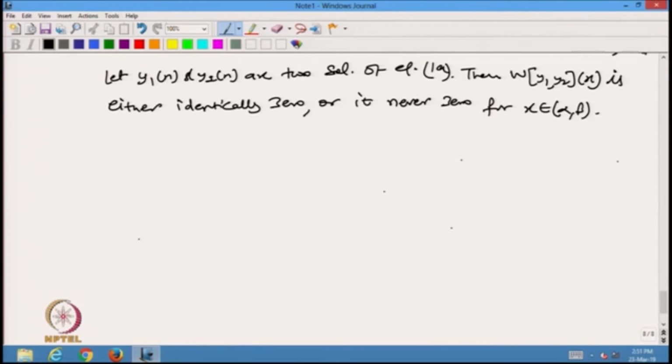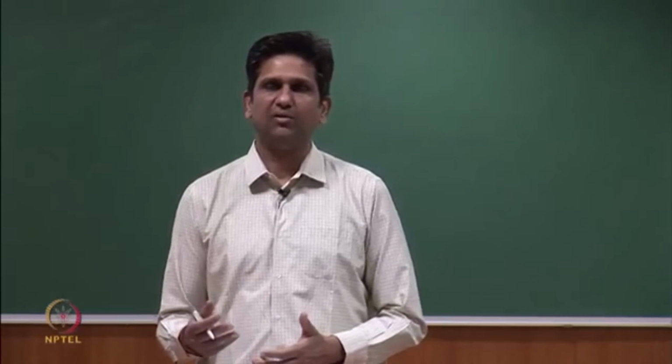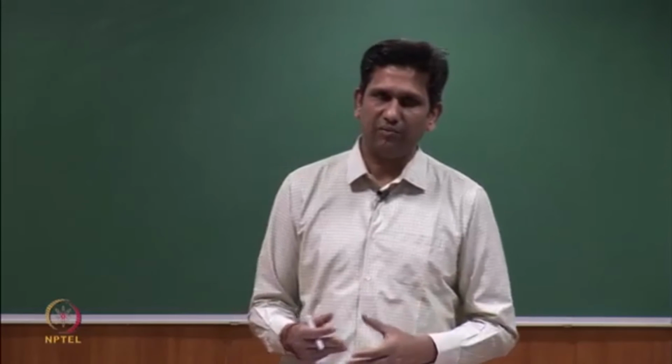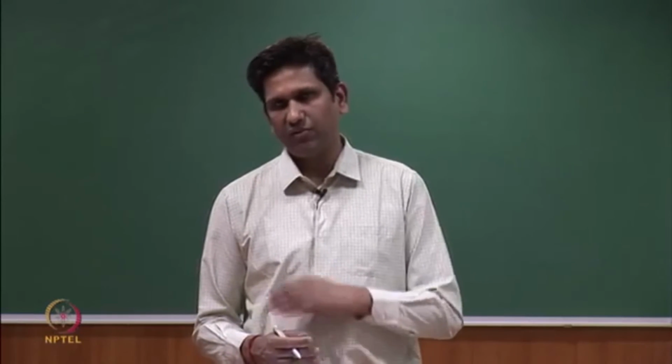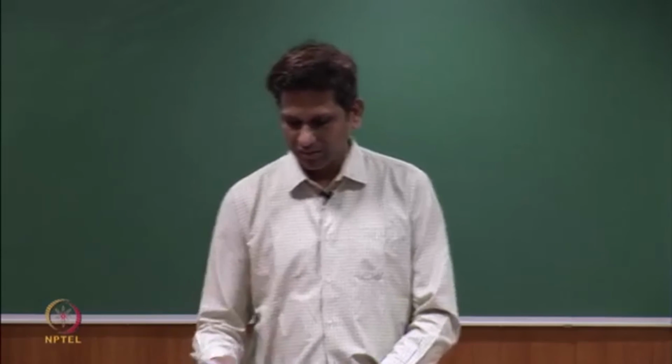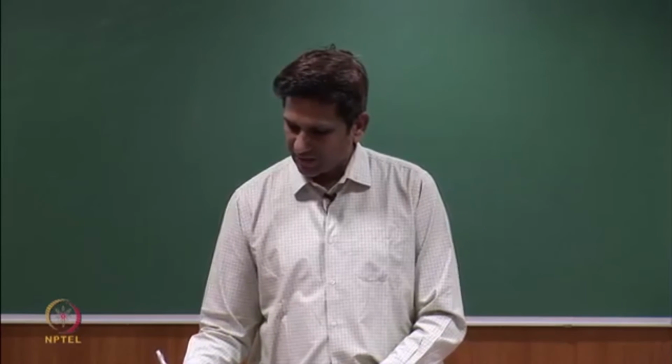So, that is a very strong result, because it is very difficult to check that it is never 0 for any value of x. If I put a value of x and it comes 0, then I would have to apply this formula for all x, which is impossible. So, this is a very strong statement, and this is a theorem.